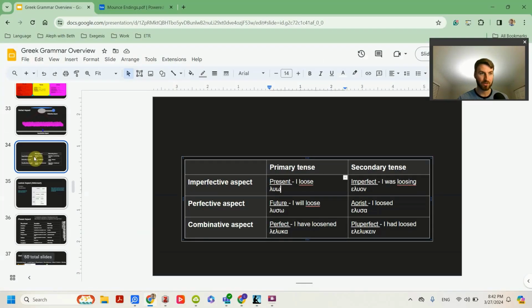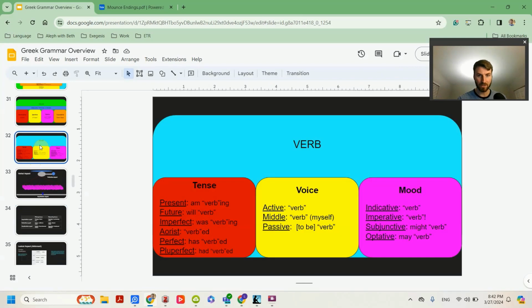So, going up here, again, we've learned all of the voices, active, middle, passive. We know the present, and so now what we're going to do is, the next two chapters are going to be over the imperfect. But we can't just learn the imperfect active, we have to also learn the imperfect middle and imperfect passive as well.